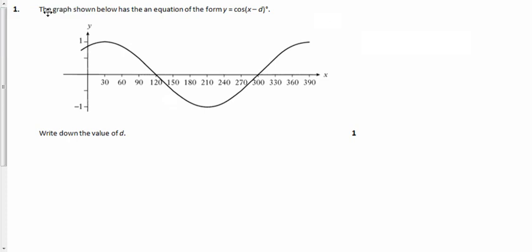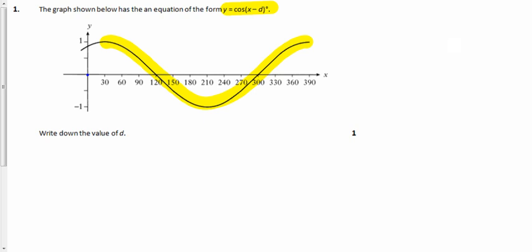Trig curve. We're told that it is of the form y equals cos(x minus d), and we have been asked to find the value of d. Now, with this being a cosine curve, we would expect it to start at 0.